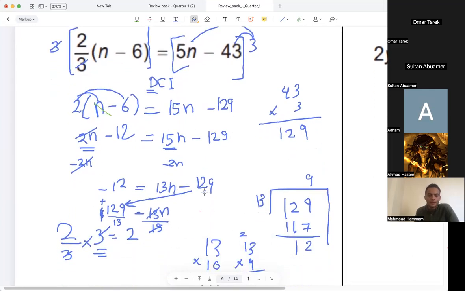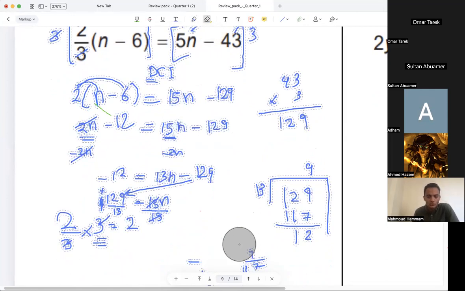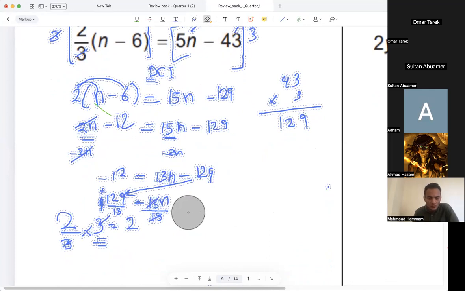Okay, but this negative moved here was positive. Take care here. We didn't subtract, so there's a mistake in this step. We should have done what?